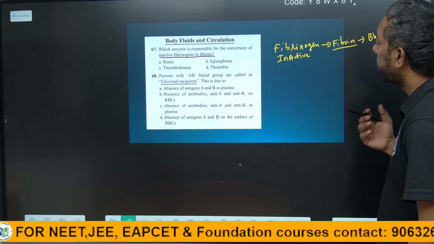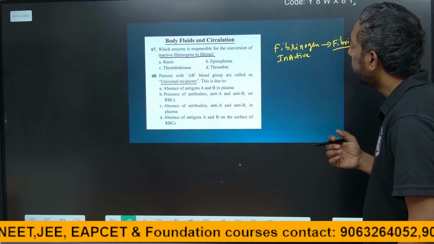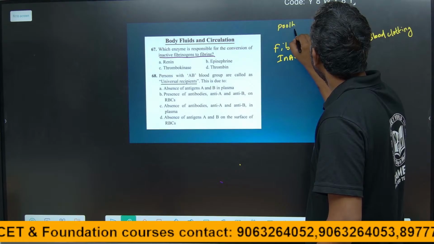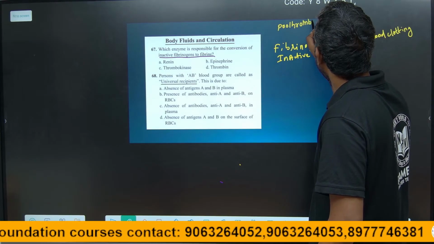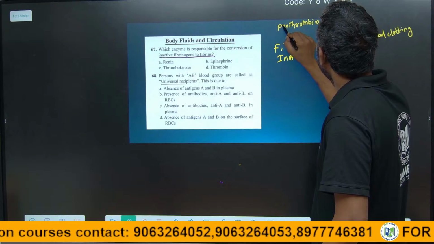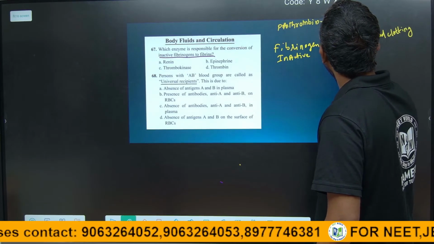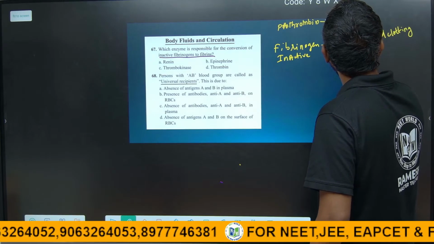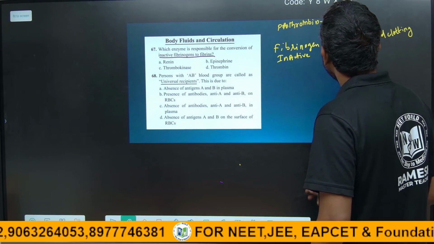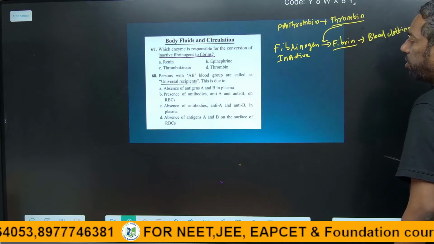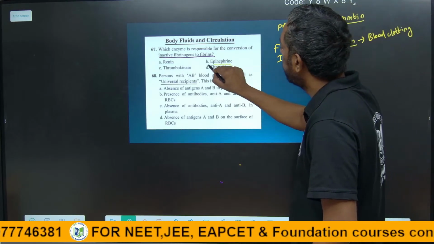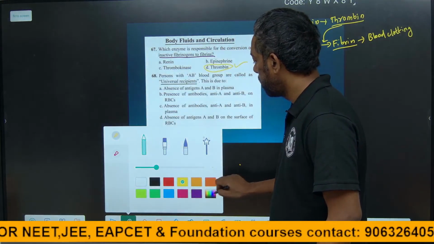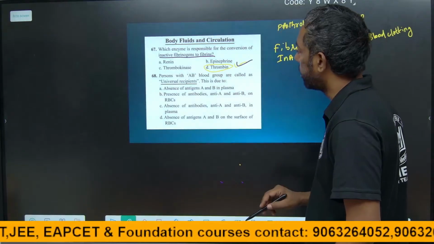So for fibrinogen to be converted into fibrin, there is prothrombin converted into thrombin. This thrombin acts as a catalyst for fibrinogen converted into fibrin. So thrombin is the answer here. Thrombin is the answer, guys.